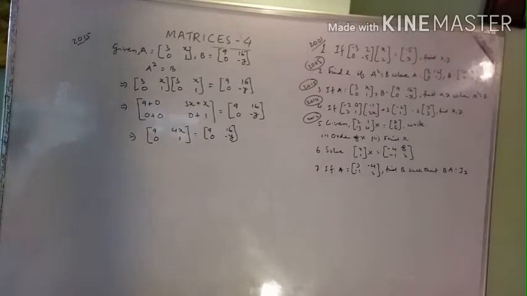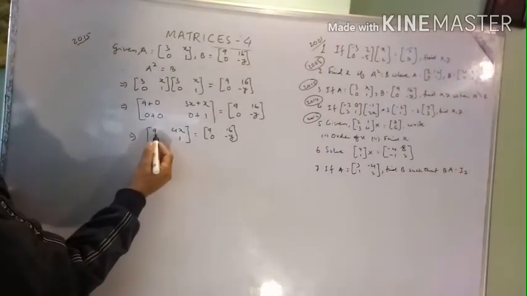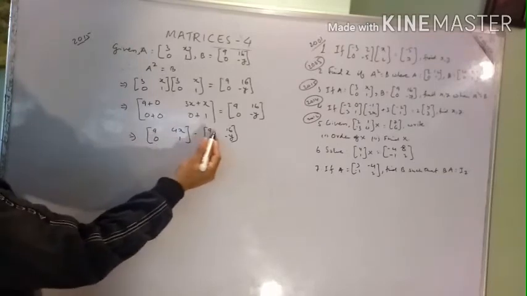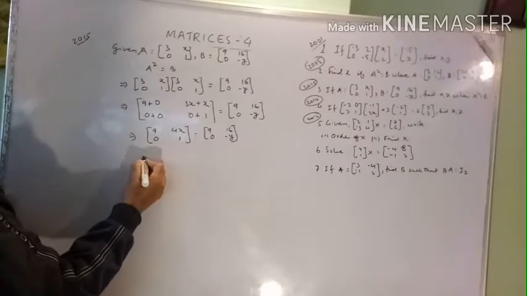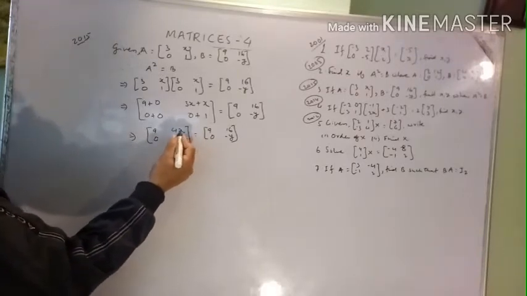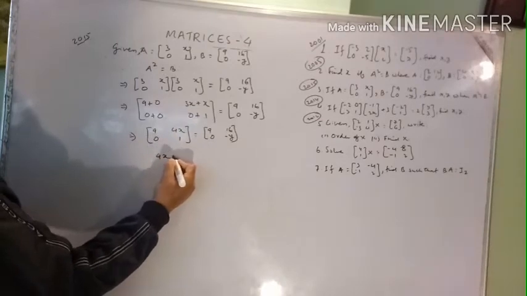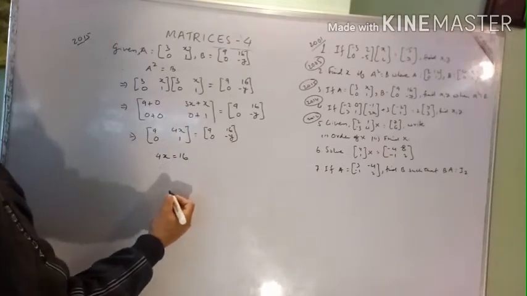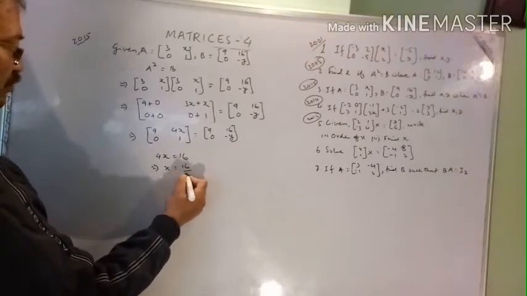So here what we get, 9 equals 9, 0 equals 0, so 4x must be equal to 16. Whenever two matrices are equal, their corresponding elements are equal, so that gives you 4x equal to 16, which will give you x equal to 16 by 4.